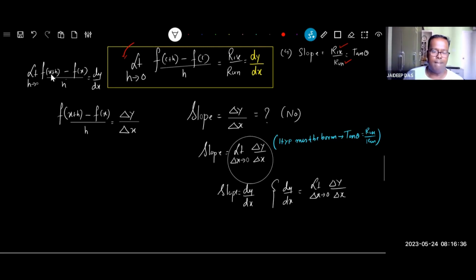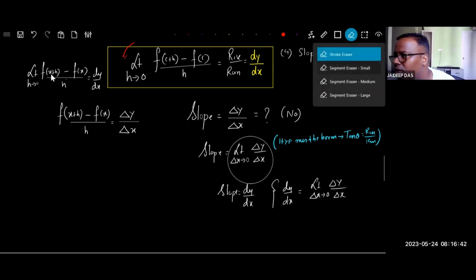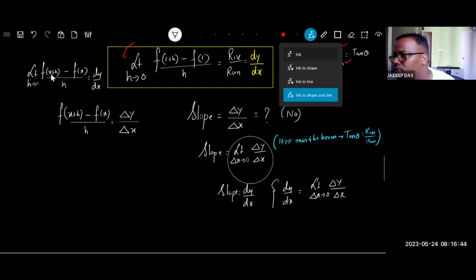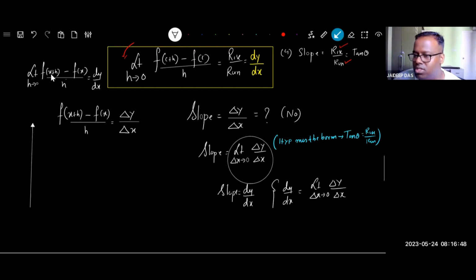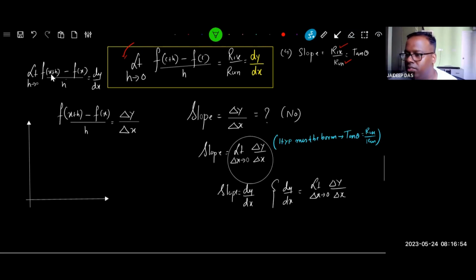And then you will tell me, but sir, end of the day, what are we looking at? We are trying to find the slope of a curve now, not the slope of a line. Just remember, we started our whole story with something like this, and this was y equal to f of x.